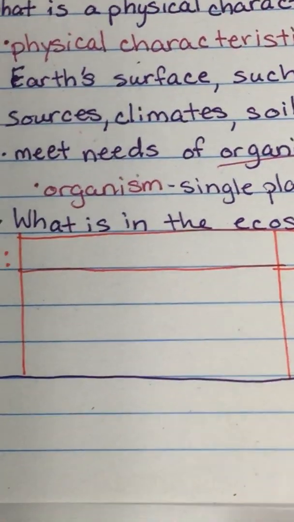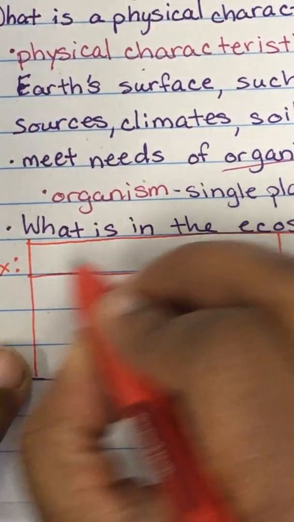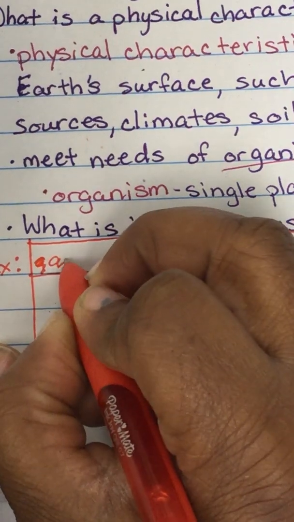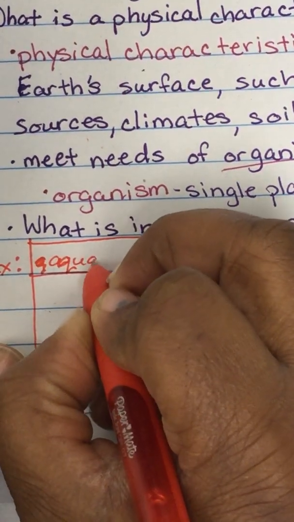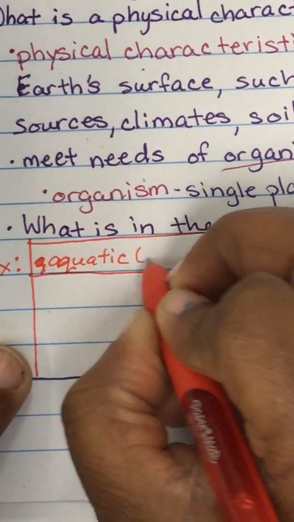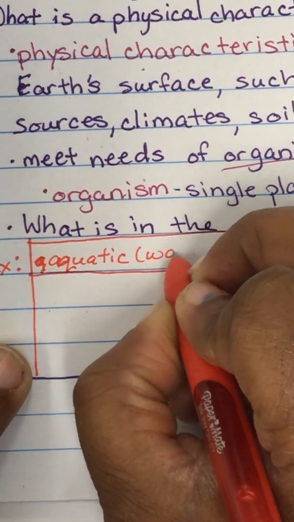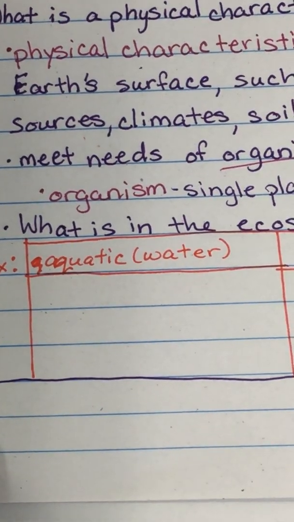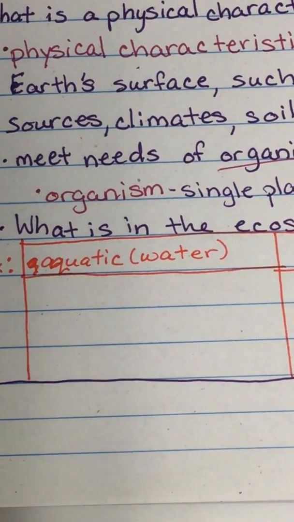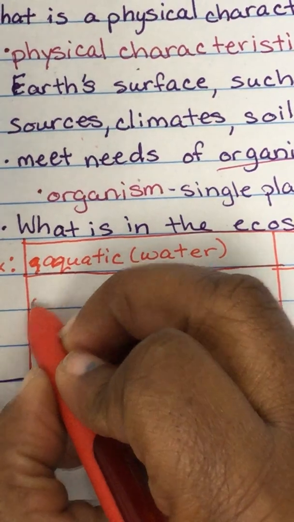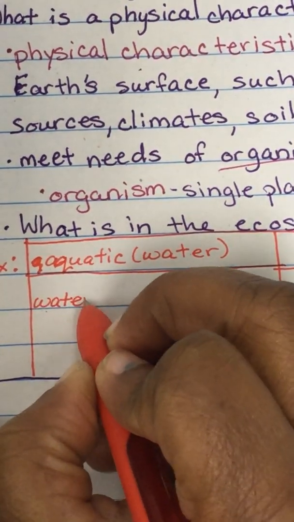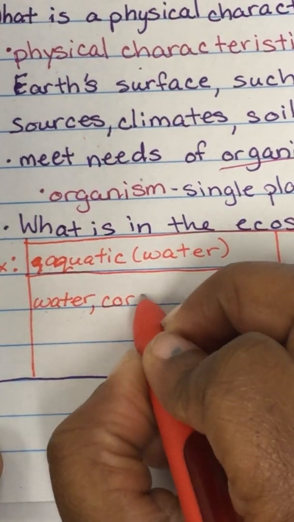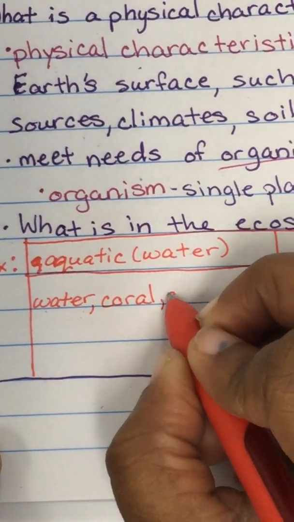Okay, so our first chart. Ran into a little bar there. Our first chart, let's do aquatic life. Aquatic or underwater ecosystems. Some of the physical characteristics of an aquatic ecosystem. Of course, you're going to have water. It's underwater. You might have coral, seaweed.